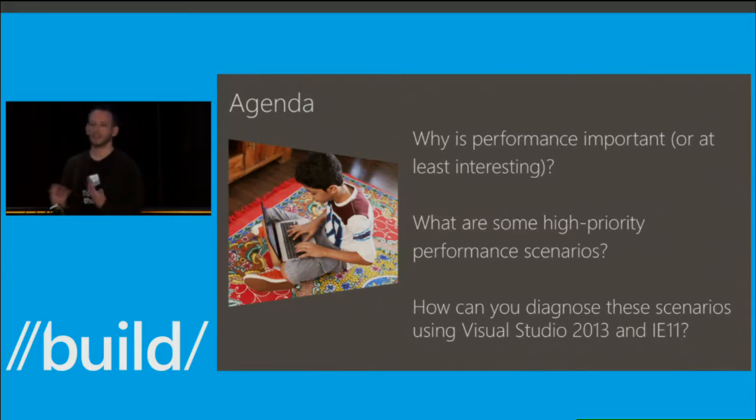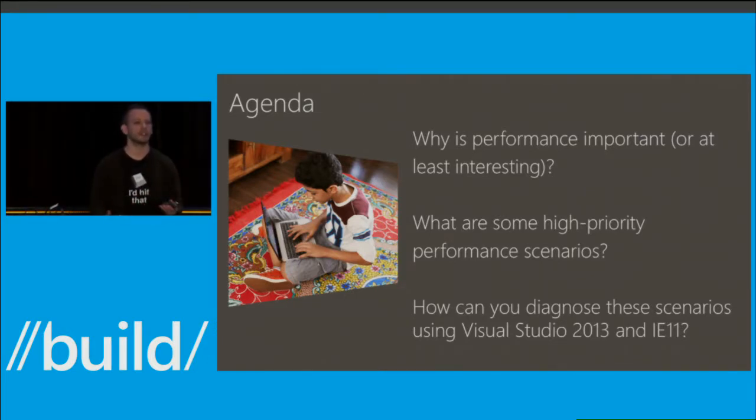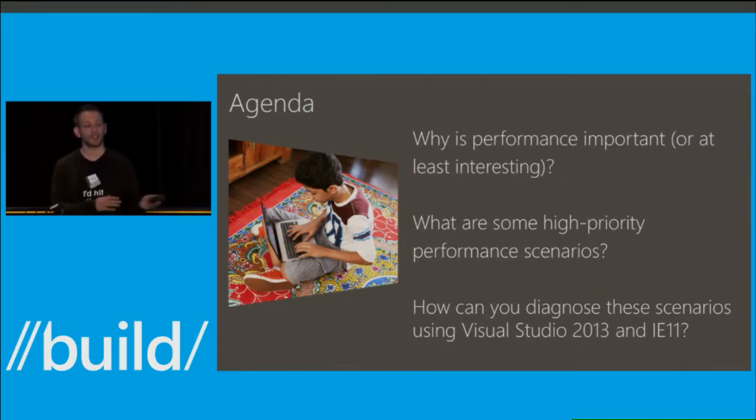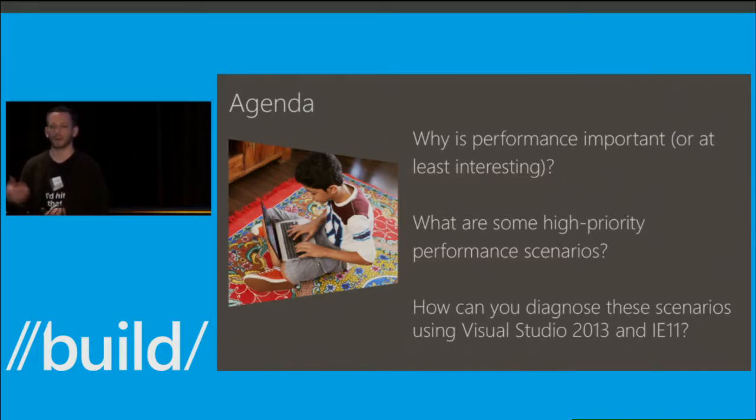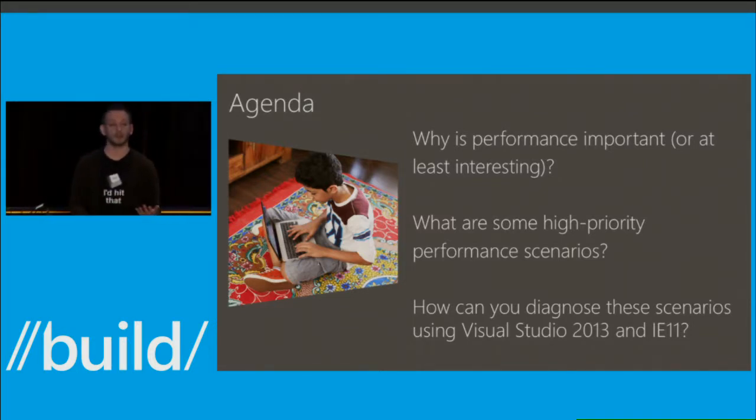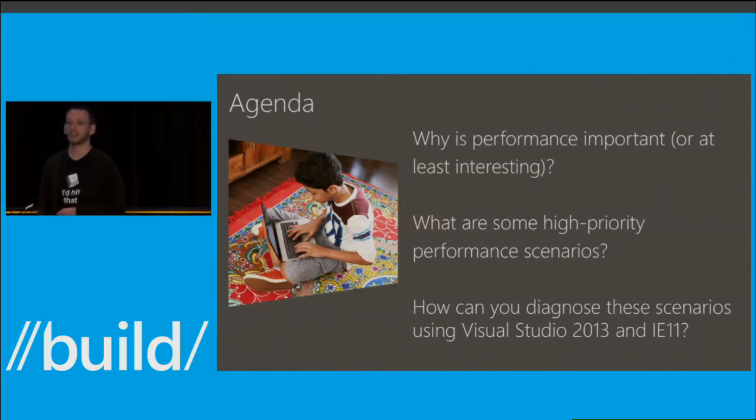And then once we set that context, I want to then talk about a set of performance scenarios that we're going to cover in this talk that are very critical. I'll touch on a few others that are covered in other talks, but primarily we want to figure out what are the types of performance scenarios that we're going to be able to address with the tooling I'll talk about. And then I want to just go into a lot of demos to show how we can address performance issues with JavaScript-based apps.